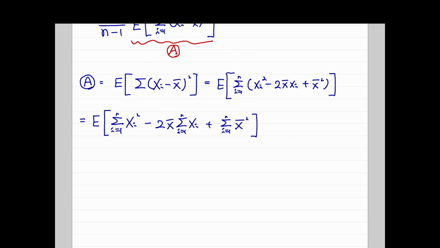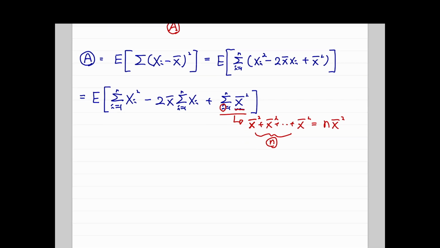This term does not depend on the small i. So it is x bar square plus x bar square plus, n times, so it equals n multiply x bar square.